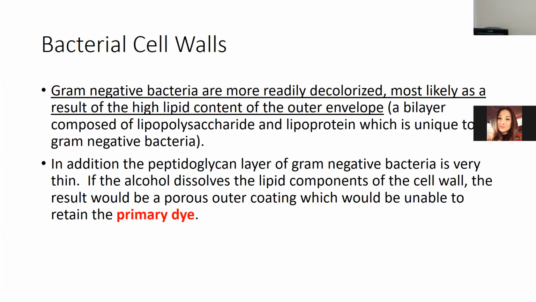So almost like the stain can't get to the peptidoglycan layer, even though it's thin. Alcohol dissolves the lipid components of the cell wall, and whatever staining we had on the peptidoglycan layer then leaves. We'll see this today as we put the methanol on top of our organism and the crystal violet runs off our slide. We're going to see that decolorization.